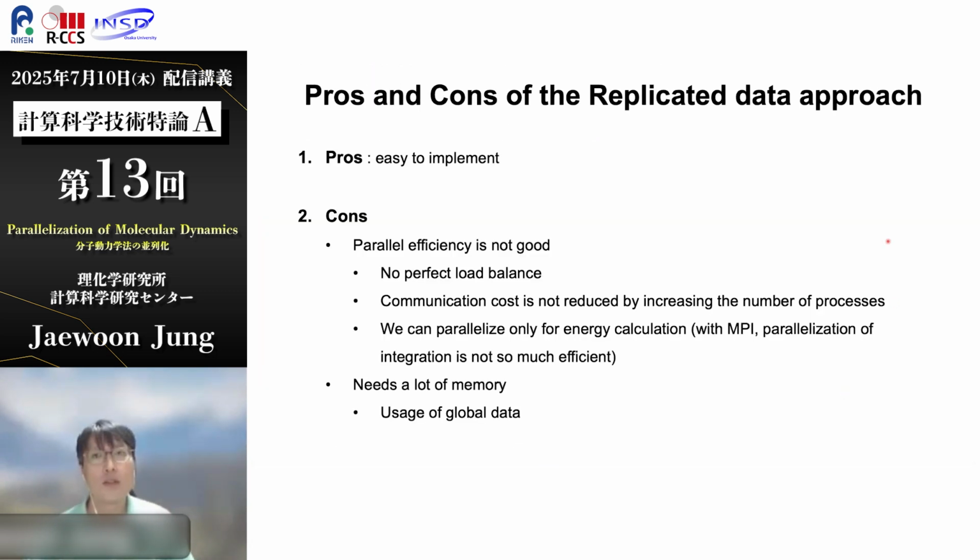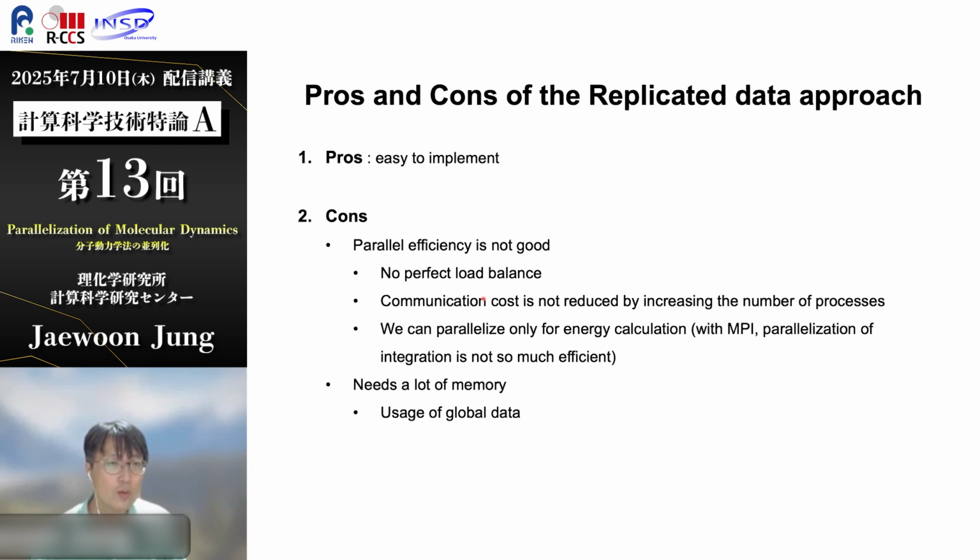First of all, this is the approach that you can try first because it is easy to implement. If we have some program, then you can easily apply this kind of parallelization approach. But in many cases, we do not recommend this kind of parallelization because the parallel efficiency is not good at all.